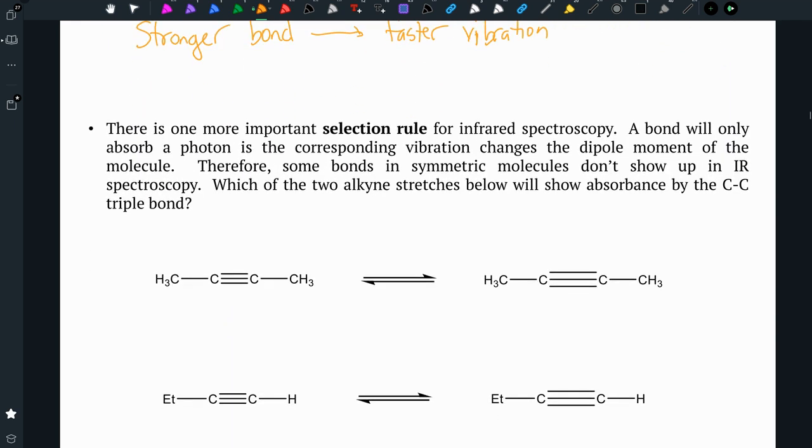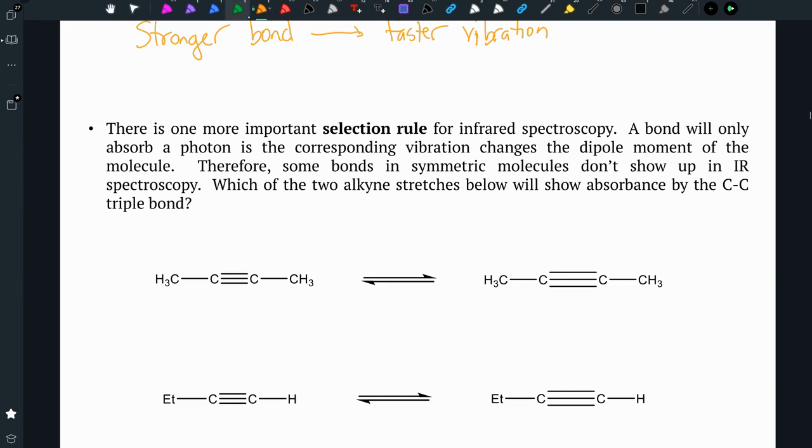There is one extra rule. I said a photon will get absorbed if the frequency of the photon equals the frequency of the bond vibration. There is one more selection rule, and that is that the vibration has to cause a change in the dipole moment of the molecule.